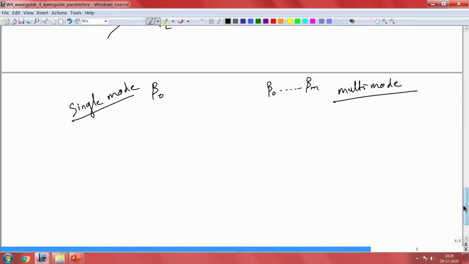When you put energy into the system, this particular mode will travel from point A to B with one single propagation constant, so it will reach point B with a given speed. But when you take a multimode system, going from point A to B, all these betas are going to travel at different speeds, and because of this the signal that you put in will not reach point B at a given time.